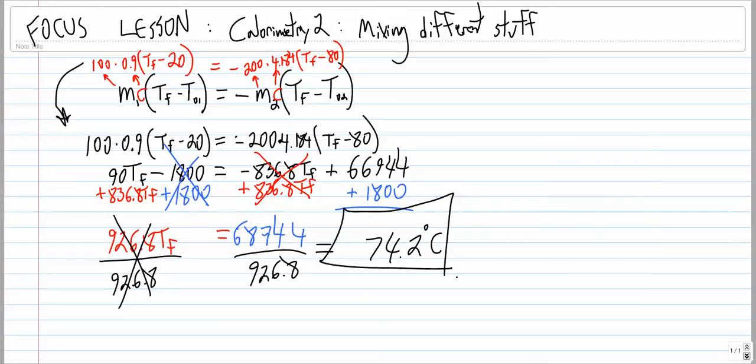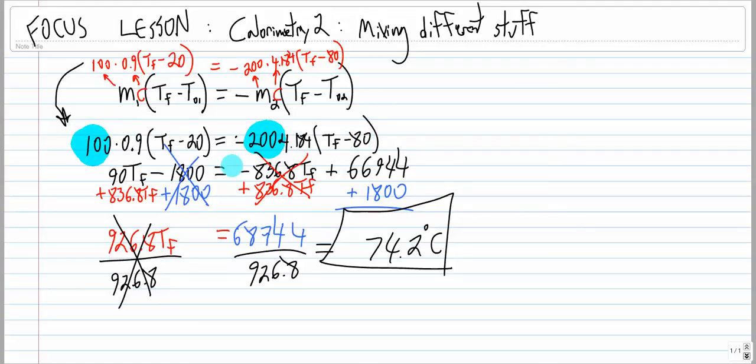Okay, so does this answer make sense? Remember, it's 4.5 times harder to heat water than it is to heat aluminum. So number one, we had a lot more water than we had aluminum, so that should probably make the number stay closer to the 80, right?